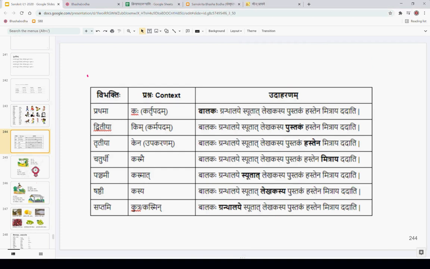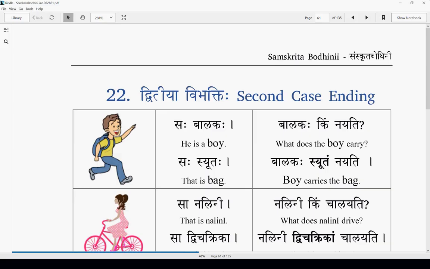So now Dvitiya, the second Vibhakti, Pratyaya, in what context it is added, in what sense it is added. So if we look at some examples, we will know.